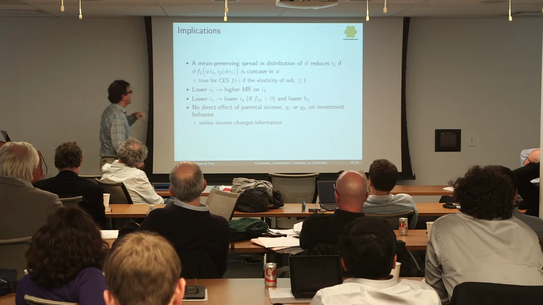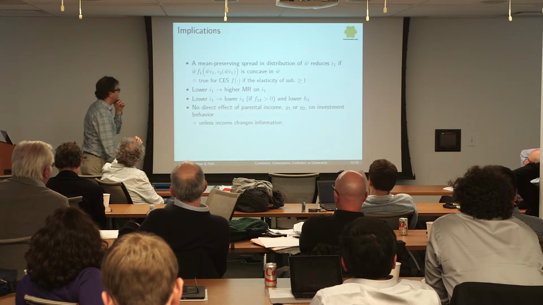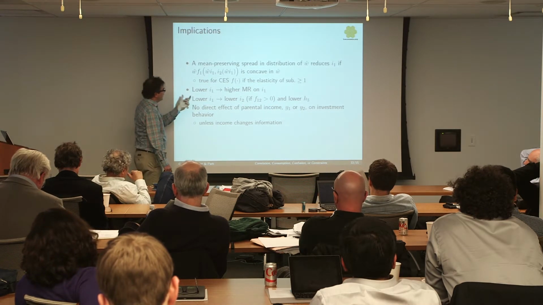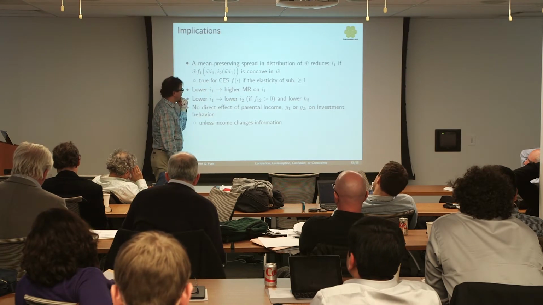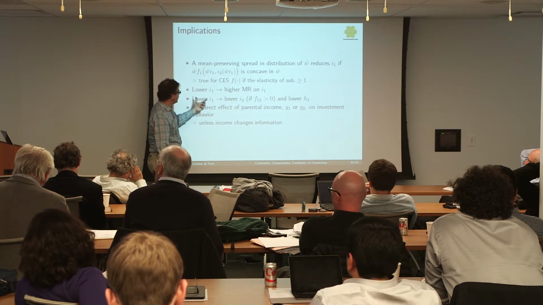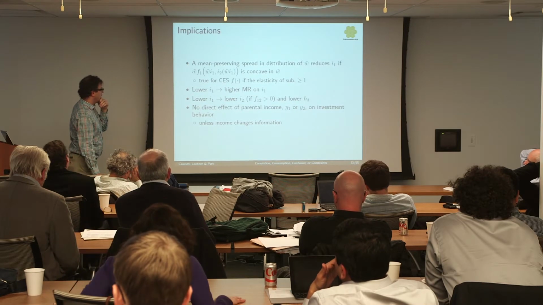But this is a weak statement, so I'm pretty sure more reasonable parameterizations can deliver this result. So with underinvestment, you're going to have a high marginal return on the last investment you make, and you can also get lower late investments as long as you have growth complementarity.